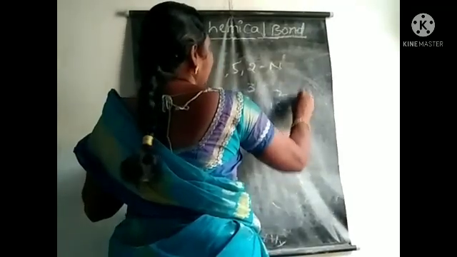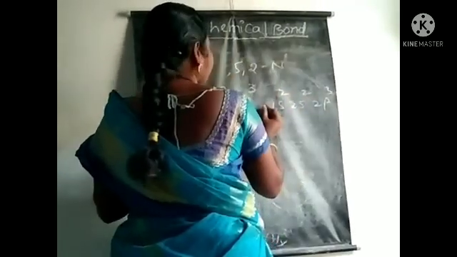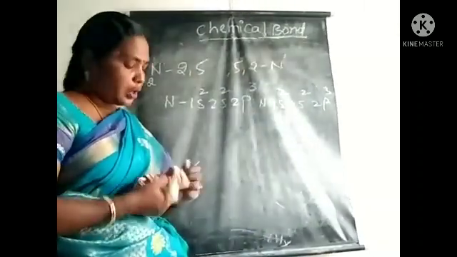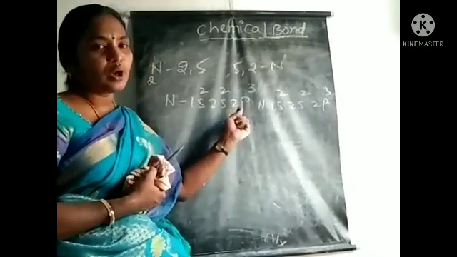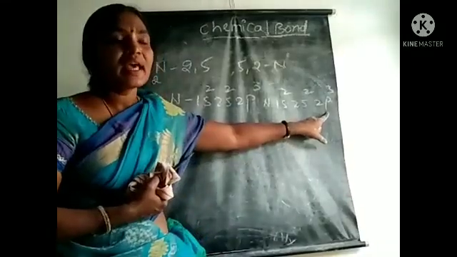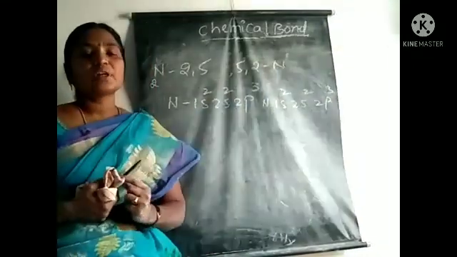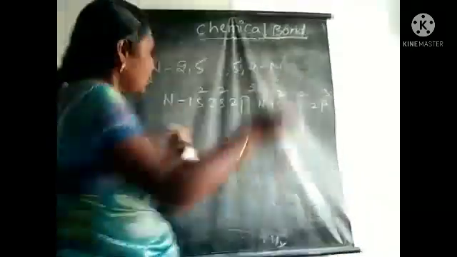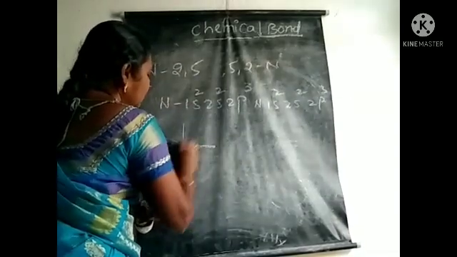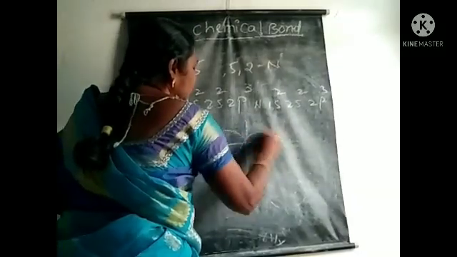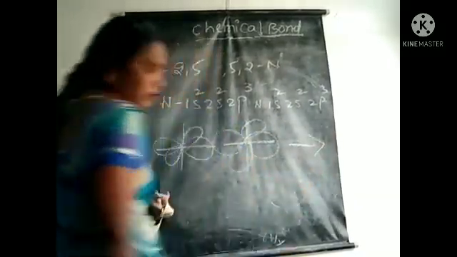Another nitrogen also contains 1s2, 2s2, 2p3. Observe children, the outermost electrons are in the p orbital, here also in the p orbital. The outermost shell is responsible for chemical bond formation. Here p orbitals are overlapping in this bond.